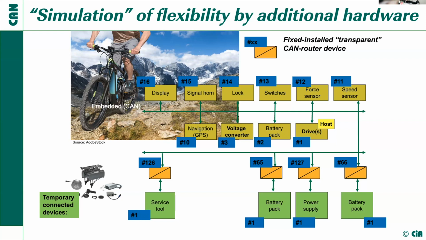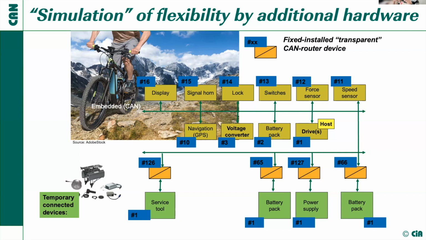Let's assume it's a default node ID 1. Then you can plug them directly at this interface, and via the bridge, all the CAN services are somehow remapped. And then to the rest of the system, you already talk with the intended node ID, for example, 65, 127, and 66, as they should have, as we saw on the previous slide. So this is a solution for this use case.